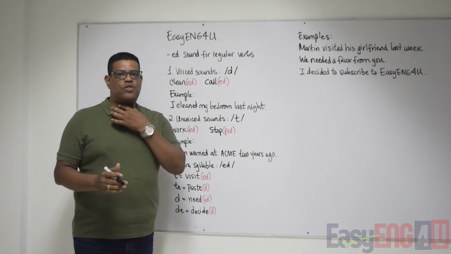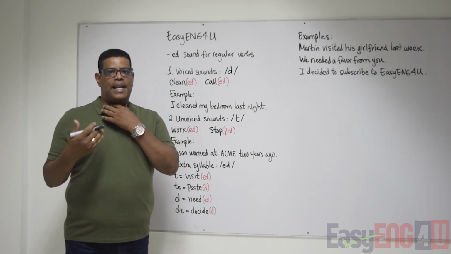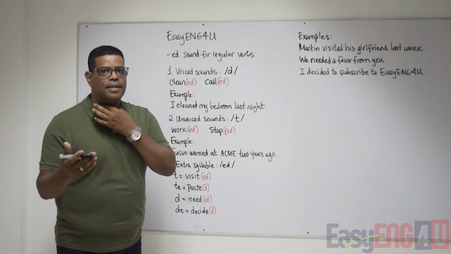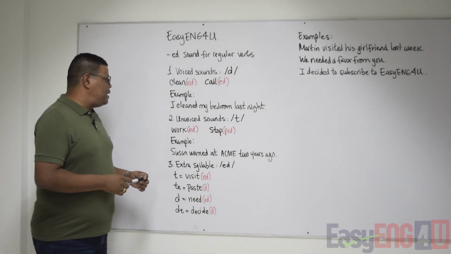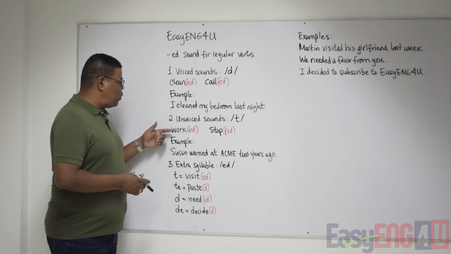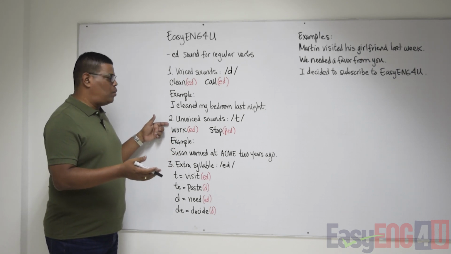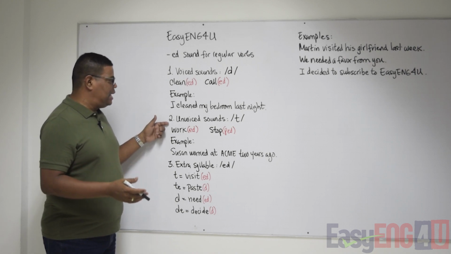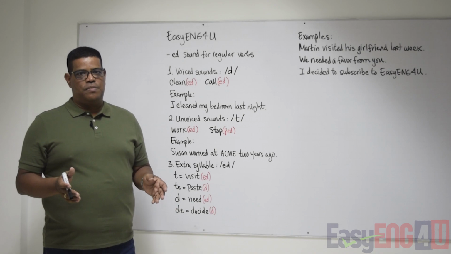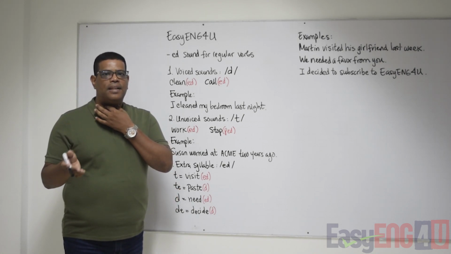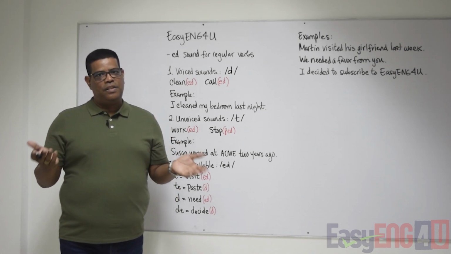If you put the two fingers right here again, and if I say d, d, d, you feel like it vibrates a lot, okay? Now, what happens when it is unvoiced? When it is unvoiced, the ED sound is going to sound like a T in English, okay? It sounds t, t, t, and it doesn't vibrate.